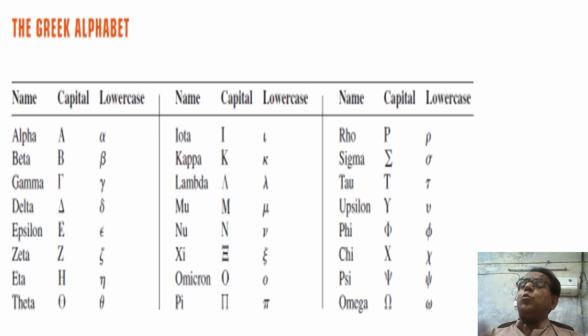This lower case is mostly used. The capital case, which is simply P, is very less used in comparison with its lower case rho. Similarly, sigma is mostly used in capital form. Tau is used in lower case mostly, and similarly is the case. Some are more used in lower case form, and some are used mostly in capital case form. And this is the end of our module.